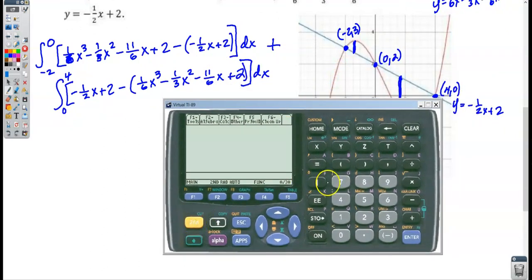And so we've got the integral of 1/6 x cubed minus 1/3 x squared minus 11/6 x plus 2 minus the quantity negative 1/2 x plus 2 with respect to x from negative 2 to 0. That's the first integral, plus the integral of negative 1/2 x plus 2.